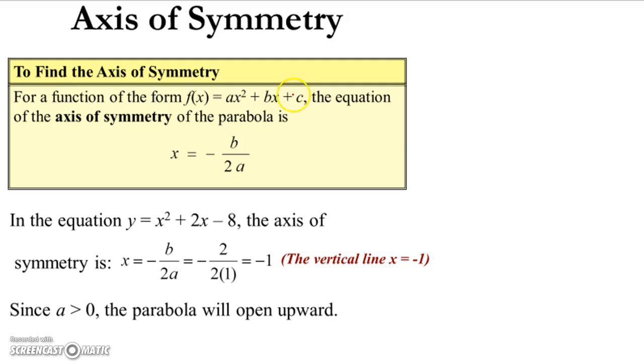We also know how to find the vertex, and we can do that by, first of all, finding the axis of symmetry, which is the vertical line x equals minus b over 2a. Given whatever equation you have, you plug it in, and you find out that that vertical line in this case is x equals minus 1.